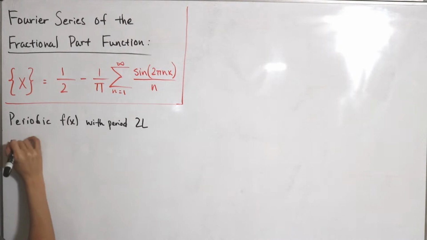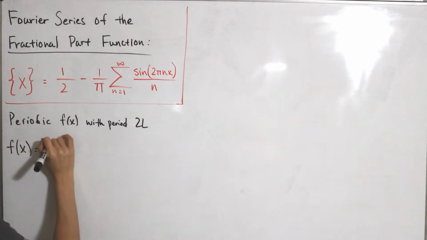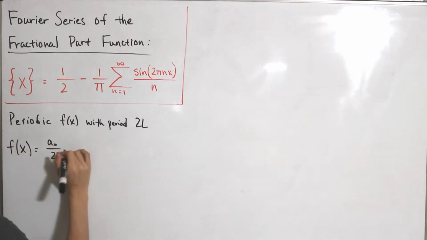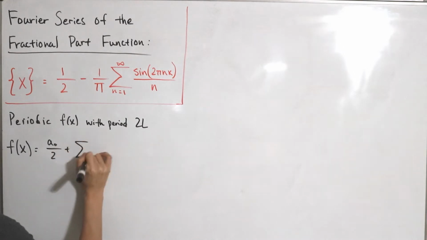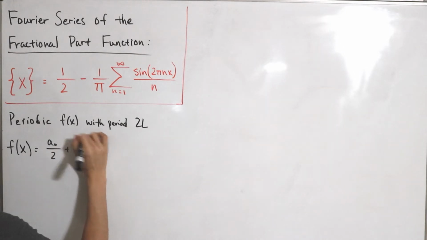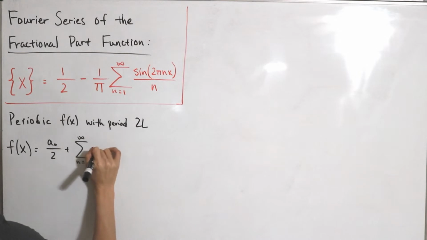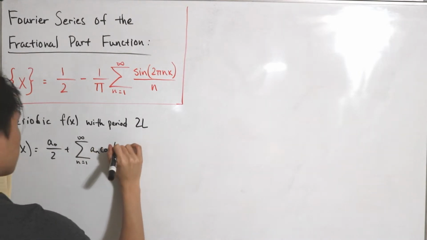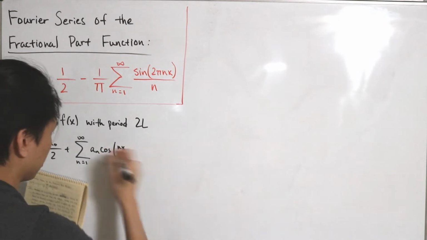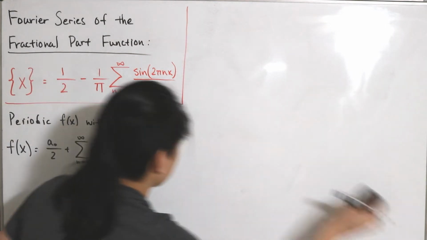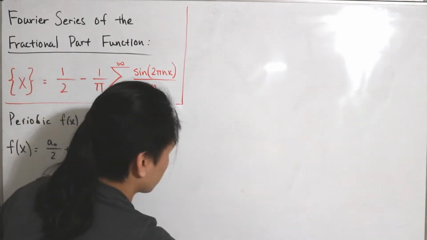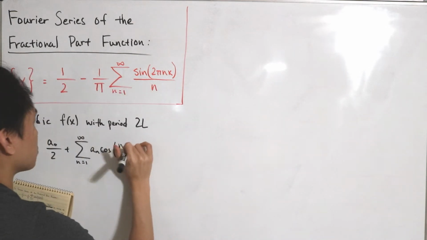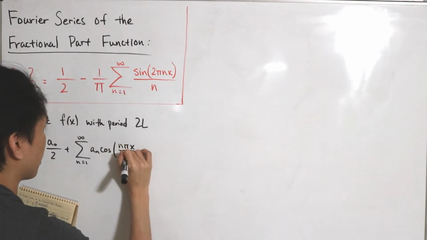So f of x is going to equal a sub 0 divided by 2, added to the infinite sum, n equals 1 to infinity, of a sub n multiplied by cosine of n times pi times x divided by L.